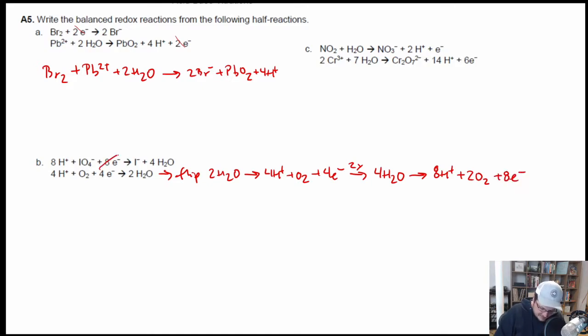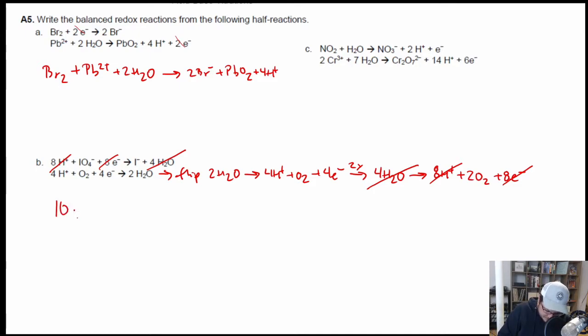Now the electrons cancel, the H pluses cancel, and the 4 H2Os cancel as well. All we're left with is IO4 minus plus nothing yields I minus plus 2O2.